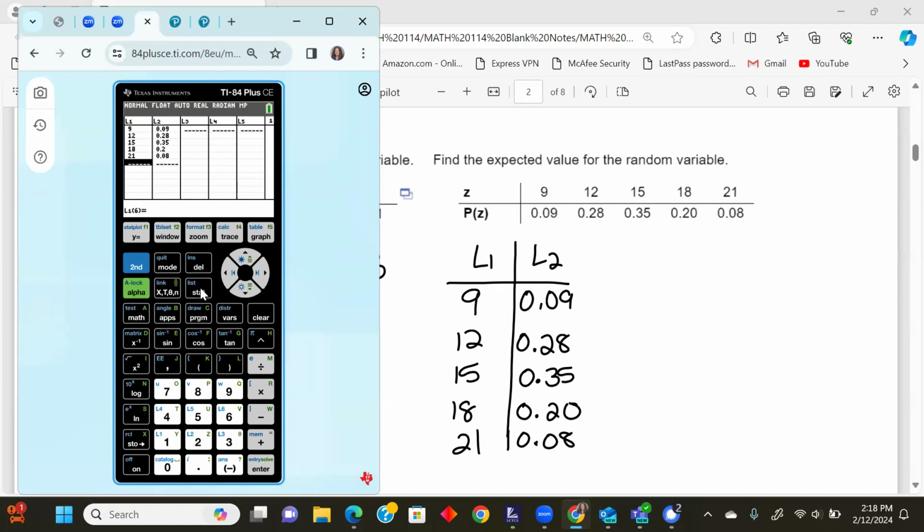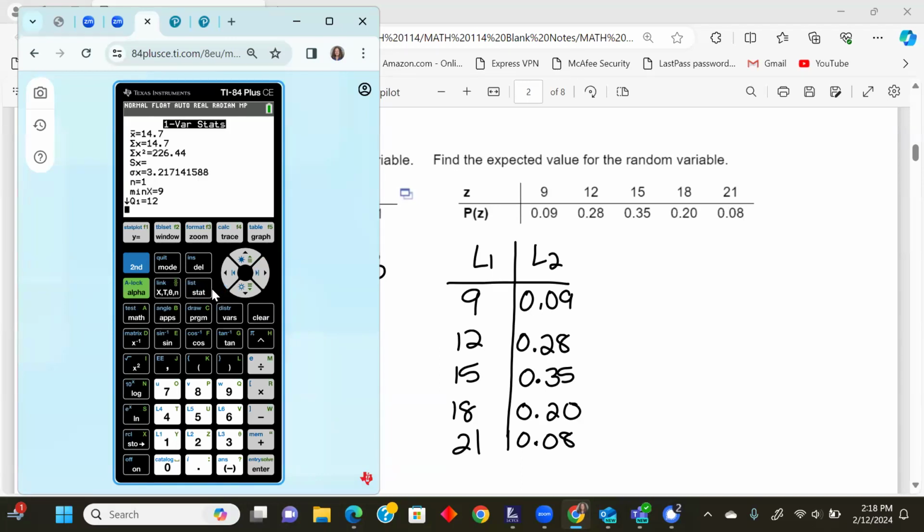All right, then we hit stat, go over to calc, it's calculate, 1 var stats. List is L1, frequency list is L2. With these calculators, the last thing you put in there is going to stay in there. So then we're going to hit calculate.